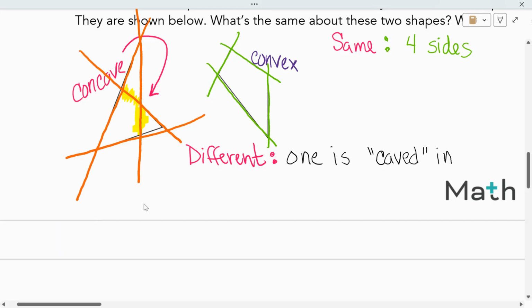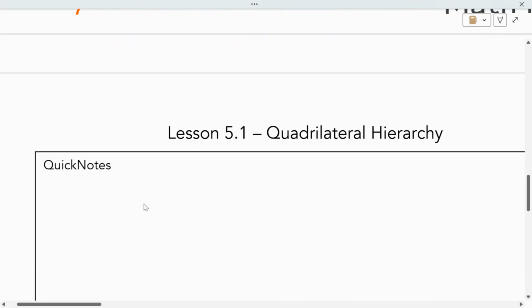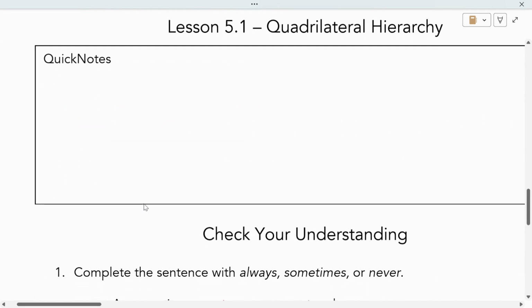The sometimes, always, never. But I want to draw a diagram in our little quick notes because I'm a visual person. And so I want to draw some kind of picture that helps me understand the quadrilateral hierarchy, meaning kind of like how are quadrilaterals categorized, okay?